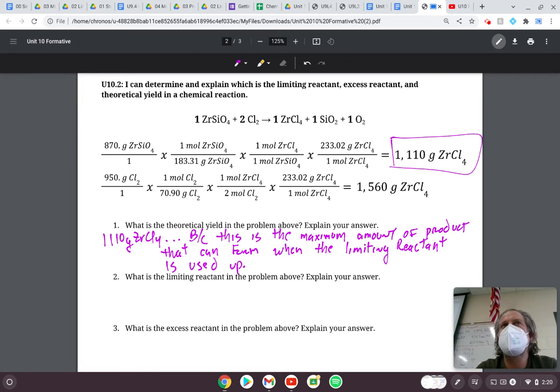So I'm looking for you to say something to this effect. This is the maximum amount of product that can be formed when the limiting reactant is completely used up or gone.